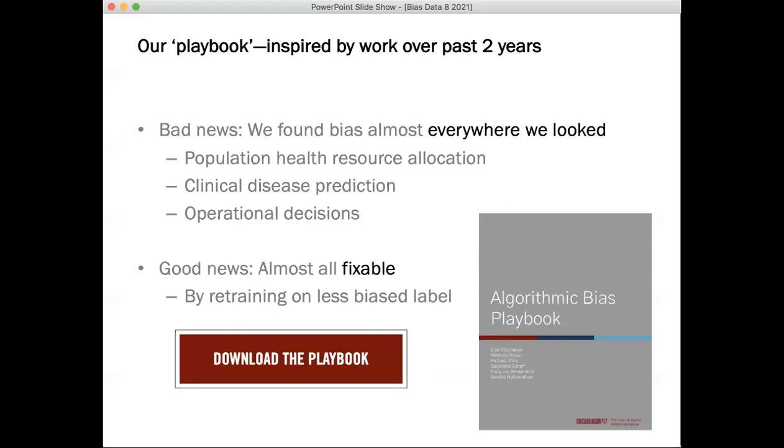It's not something that you can automate with a Python or R package that's just going to spit out some metric of bias, because, as you saw with this algorithm, if we just computed those metrics on the algorithm's ability to predict cost, which is the thing that the algorithm set out to do, we would have concluded that the algorithm was not biased. We had to engage in that process of understanding what the decision is, how that decision would flow from the algorithm's prediction, to understand that this algorithm should have been predicting health, but instead it was predicting this other thing, and that's where the bias came from.